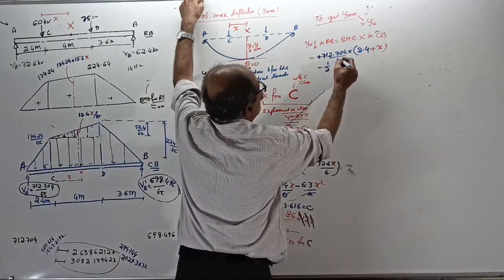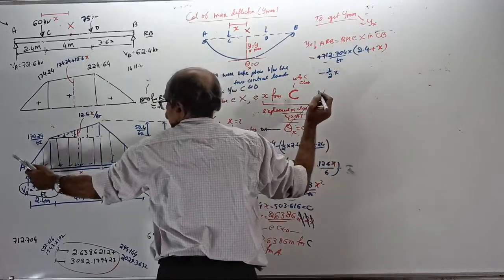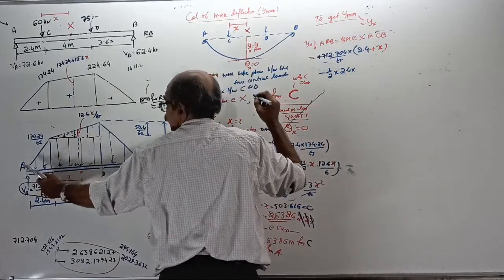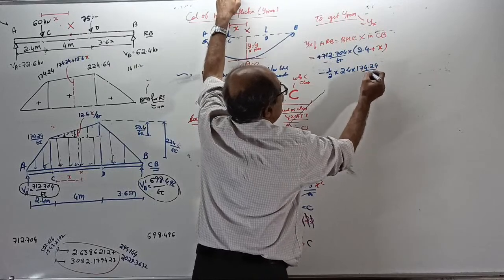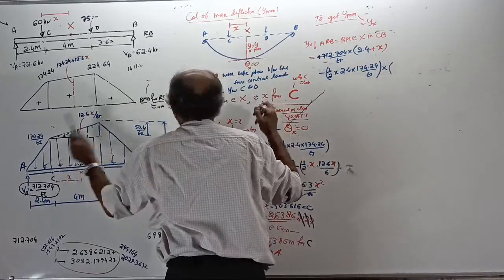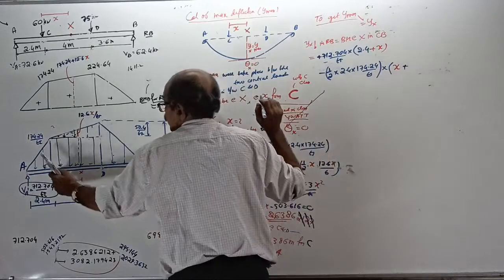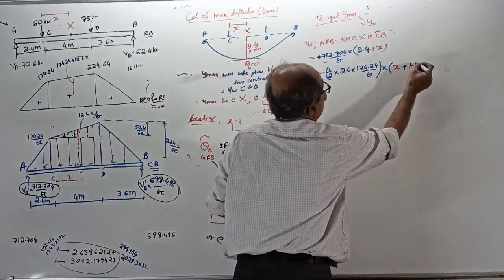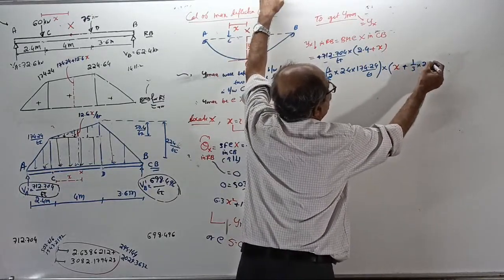Then minus, by EI is there, I forgot. Minus half into 2.4 into 174.24 by EI, the triangle load, into moment about x: outside x plus 1/3 of 2.4.